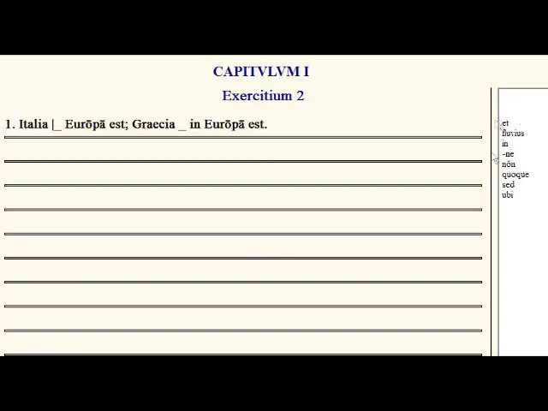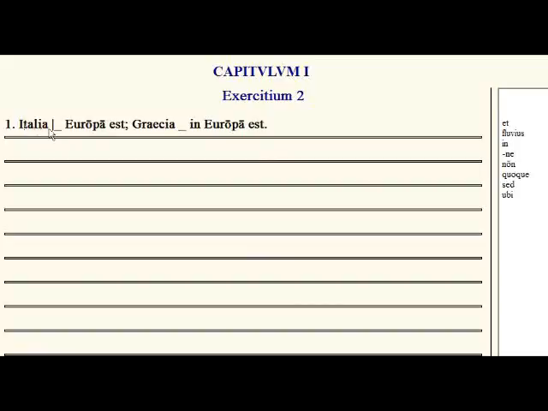If you don't understand what these words mean, then you definitely need to go reread section 1, because those words were covered in section 1. Et is and, fluvius, river, in means in, ne is a question word, non, quoque, sed, ubi. You should know those from context.